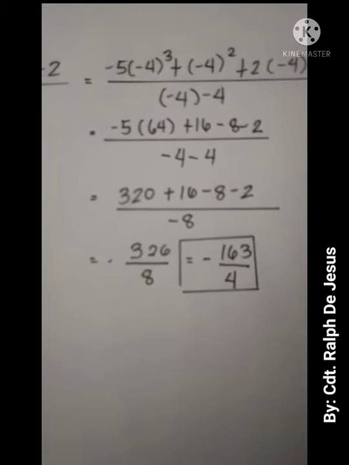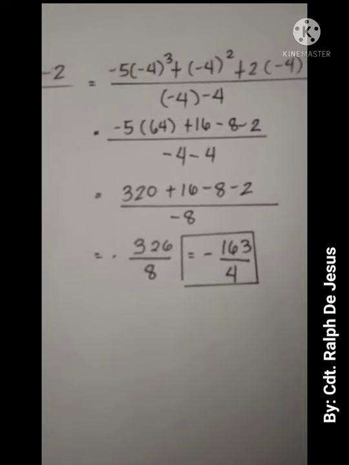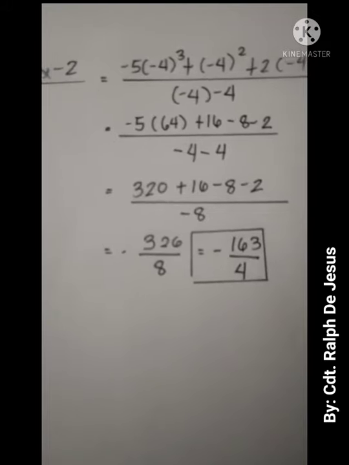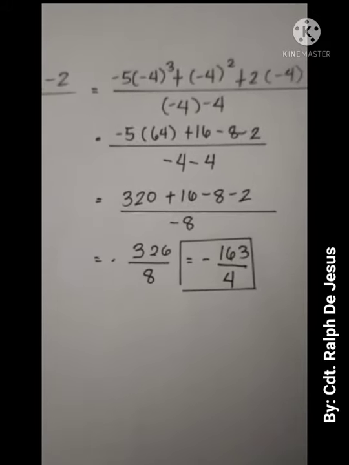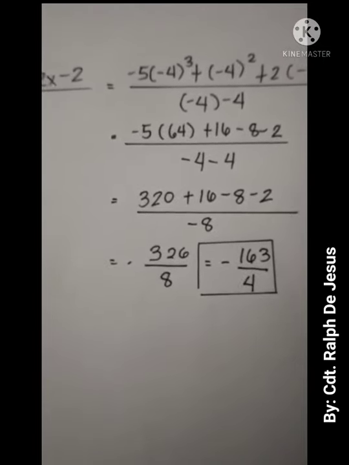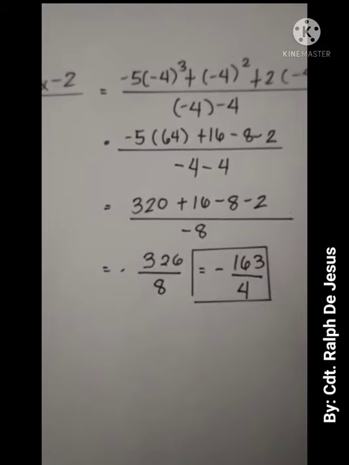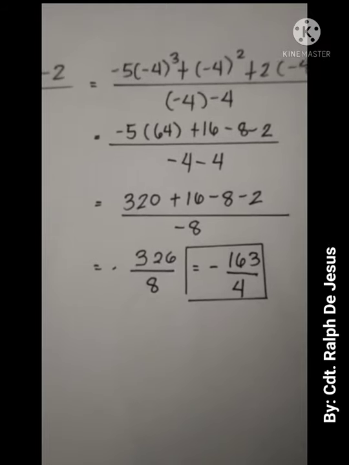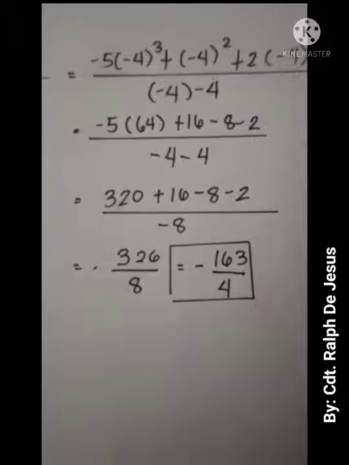We multiply negative 5 times negative 64, and the answer will be 320 plus 16 minus 8 minus 2 over negative 8. Our final answer will be 326 over negative 8, by adding all the remaining numbers. If you reduce it to lowest terms, the final answer will be negative 163 over 4.